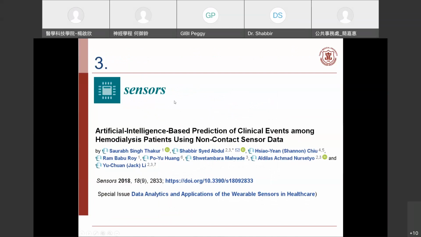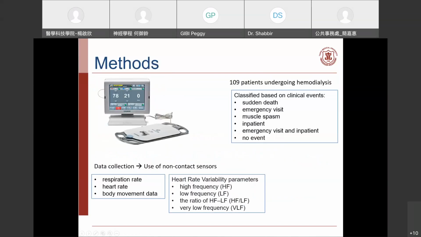Then the third research is about artificial intelligence based prediction of clinical events among hemodialysis patients using a non-contact sensor. This was again interesting research where we use this pad, which was kept below the mattress. That means there is no contact of the sensor with the patient at all.